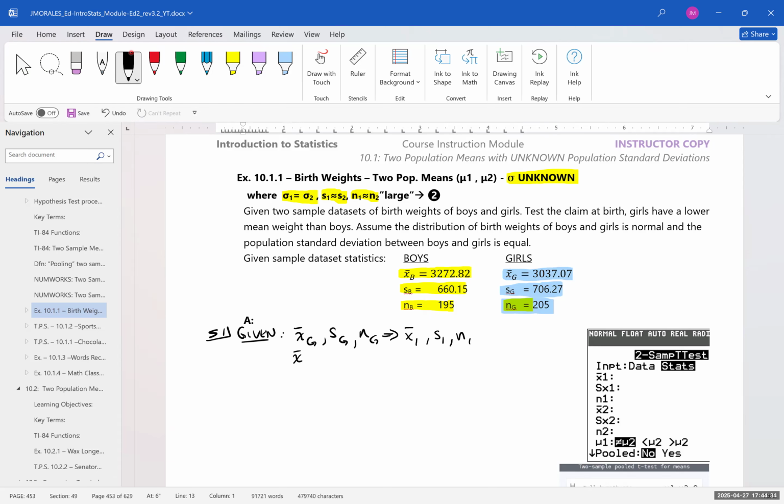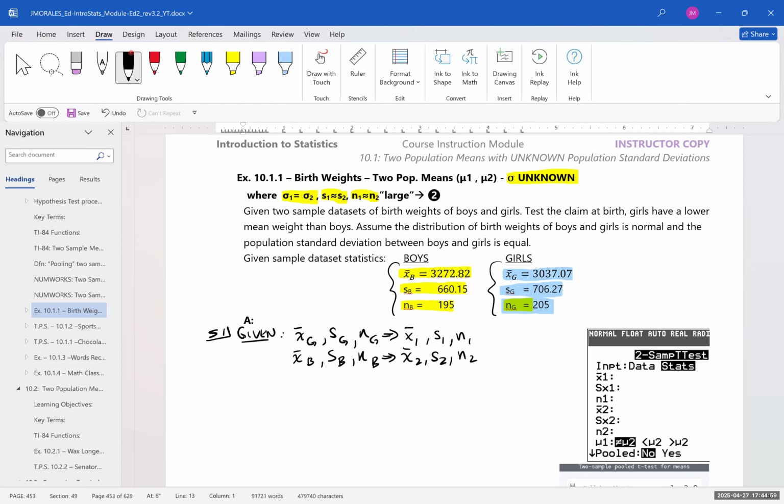And then we'll have X bar boys, S boys, and sample size boys. We'll call that X bar 2, S2, N2. All right, so what's nice is this was already presented to us in a pretty clear format here.